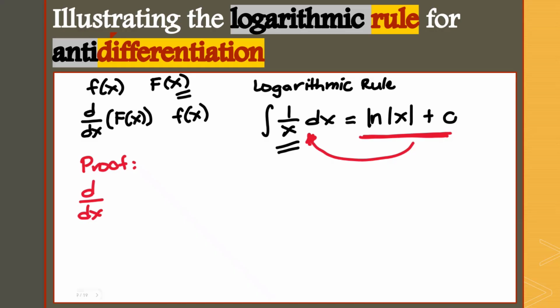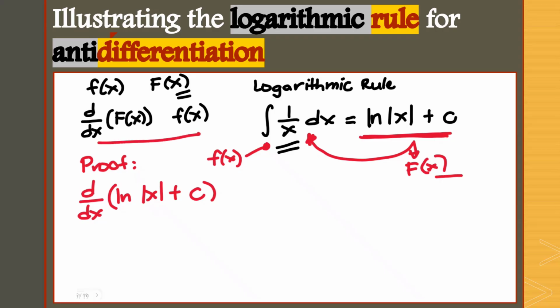So we are going to talk about the derivative of the natural logarithm of x plus c, and hopefully this will return 1 over x, which is our f of x as mentioned, and this would be our capital F of x. If we take the derivative of this and it returns your f of x, which stands for 1 over x, then basically our logarithmic rule is true and can be used for further situations.